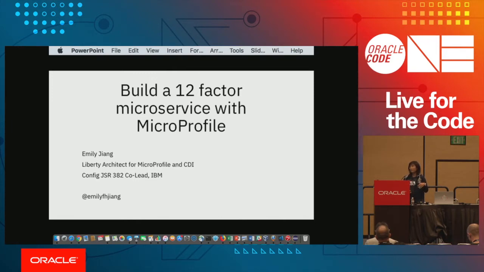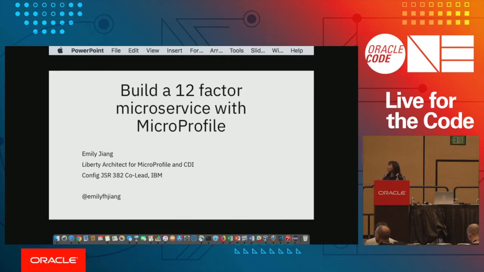Basically, my vision is I want to make sure the programming model we define in MicroProfile is relevant for doing microservices, and that we come up with the best standard of the programming model.